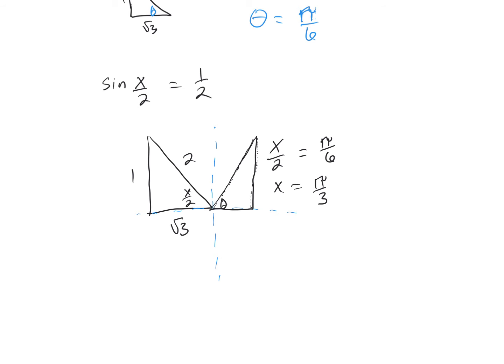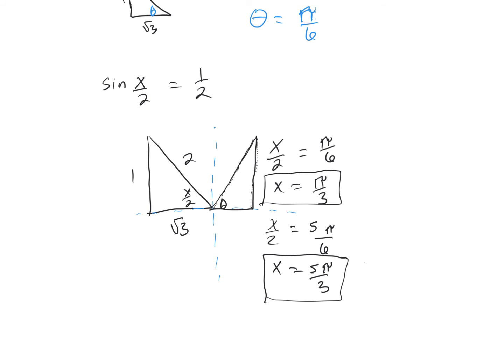But x over 2 can also equal 5 pi over 6. And then in that case, our x can also equal 5 pi over 3. So these are the two answers that our x can equal.